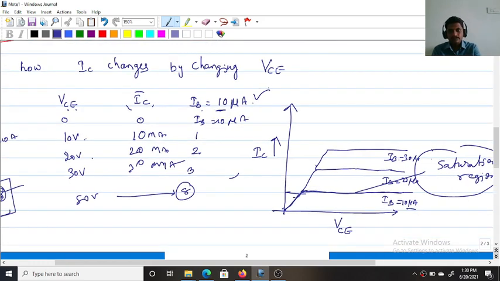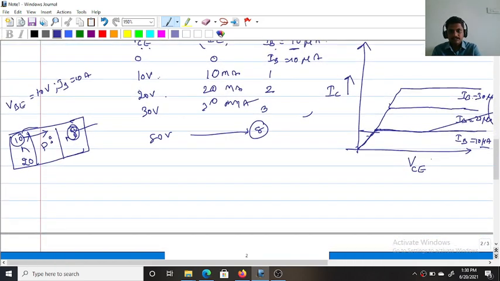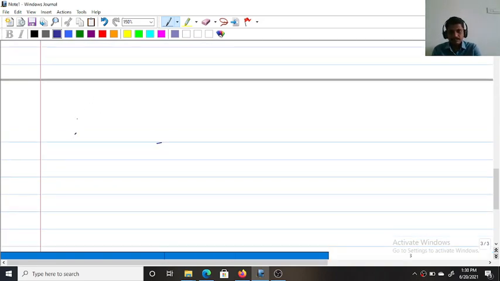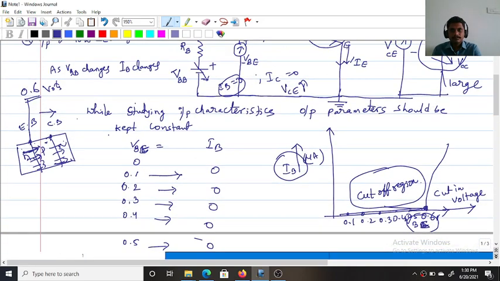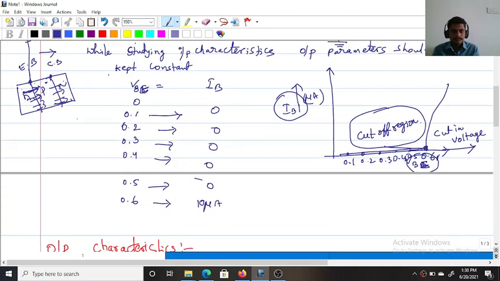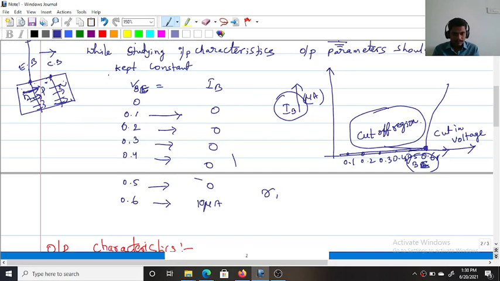We'll discuss two more points here. What is the input resistance? From Ohm's law, V equals IR, so resistance R equals V by I. So R is equal to delta VBE by delta IB.